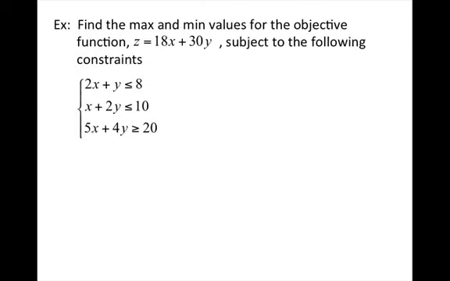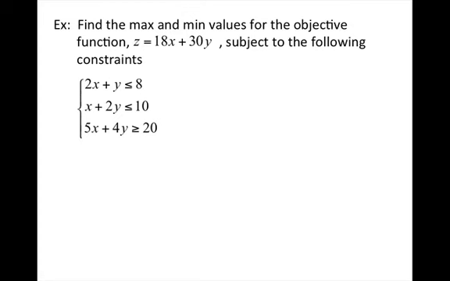So now let's look at an example and go all the way through. This is going to combine graphing the inequalities that we did in the last lesson with finding the maximum and minimums that we just covered. So I want to find the maximum and minimum values for the objective function z equals 18x plus 30y, subject to the following constraints.